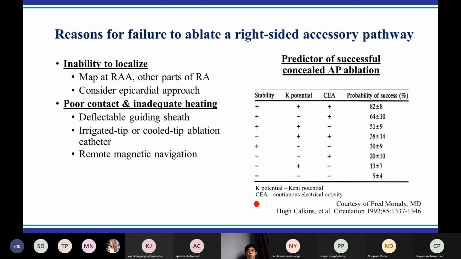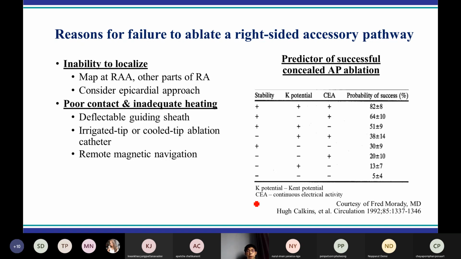The right side of the accessory pathway is the most common recurrence or ablation failure site, because the right side accessory pathway is in a location that the catheter is difficult to move to.